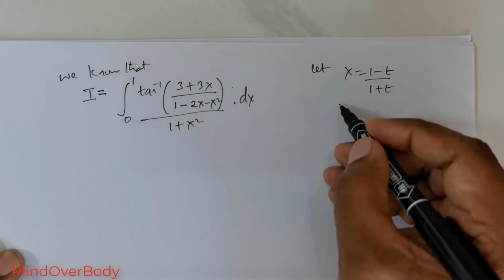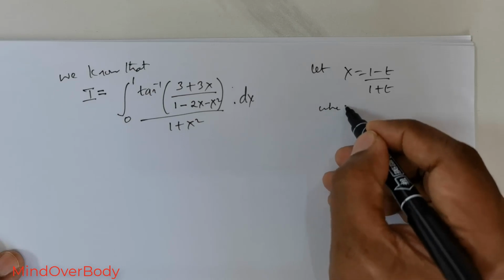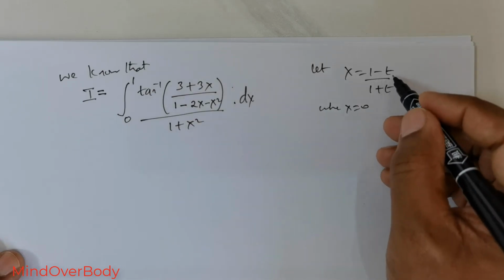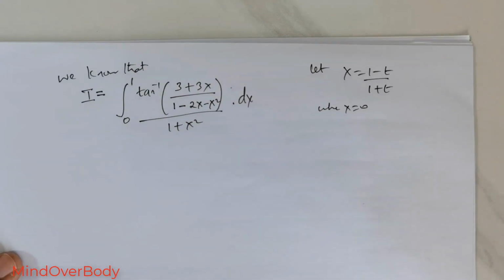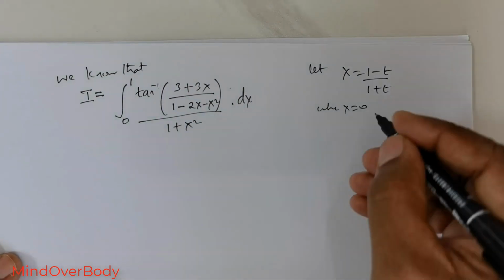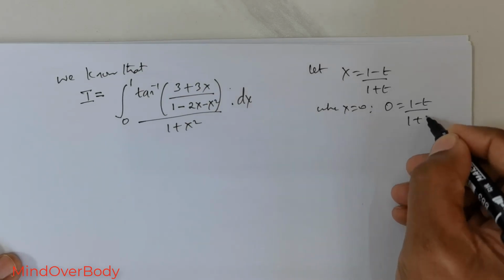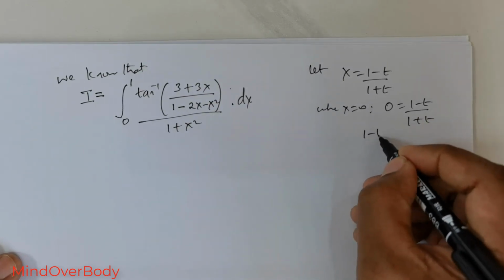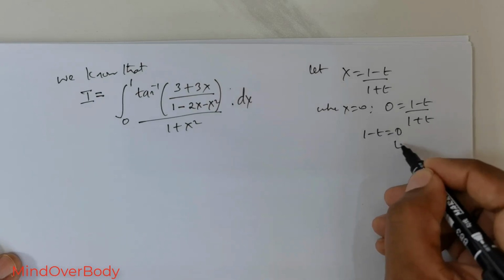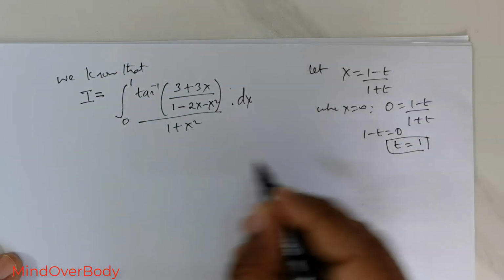So we need to change the limits. When x is equal to 0, what is the value of t we get? So 0 is equal to (1 − t) divided by (1 + t), and you get 1 − t is equal to 0, therefore t is equal to 1.